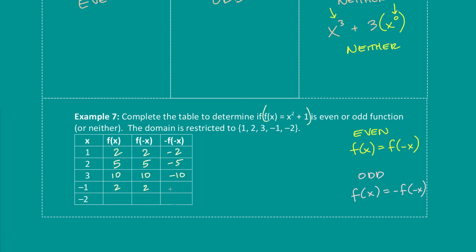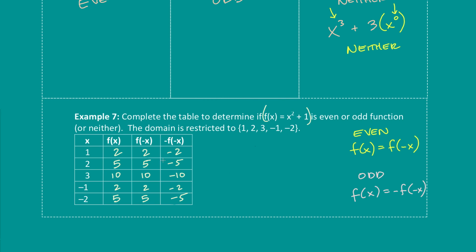And then I take the negative of that. And then finally let's do the 2. If I plug in negative 2, squared is 4, plus 1 is 5. If I plug in the negative of negative 2, which is 2, so I'm going to take this guy and plug him into there, this becomes 2 squared, which is 4, plus 1 is 5, and then the negative of that would be negative 5.